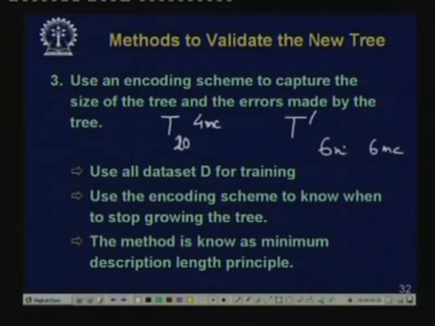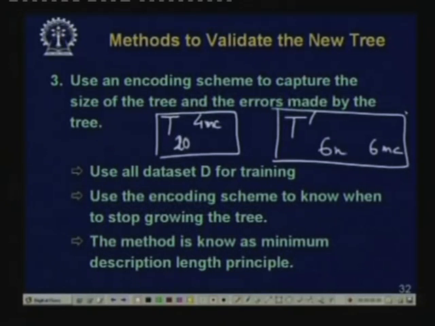In order to compare these two schemes, the MDL principle is used. You find out for each of these schemes the number of bits you need to represent both the tree as well as the misclassified examples, and of the different alternatives, you select that classifier for which this is minimum. This is the MDL principle, which is also inspired by the Occam's razor principle, which we discussed in the last class.